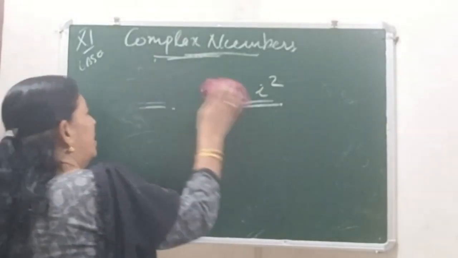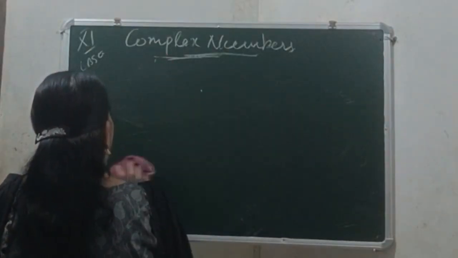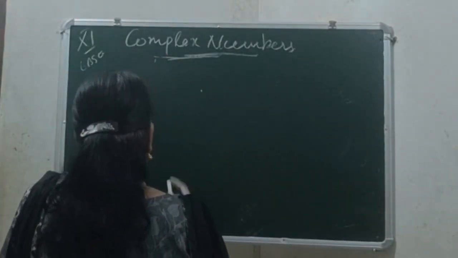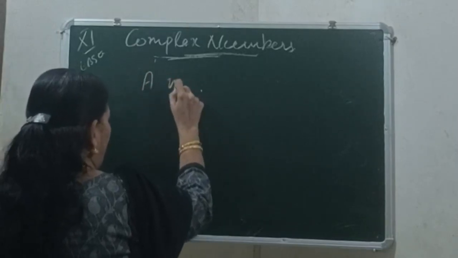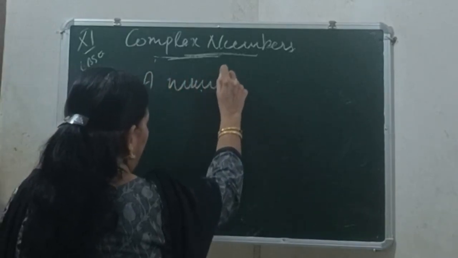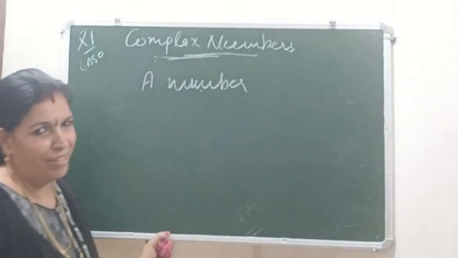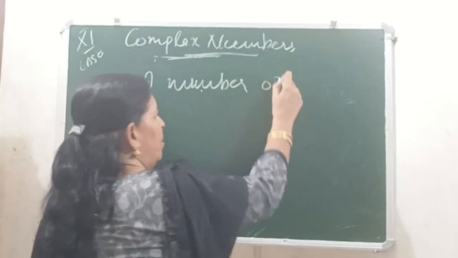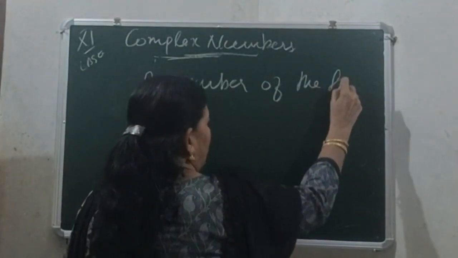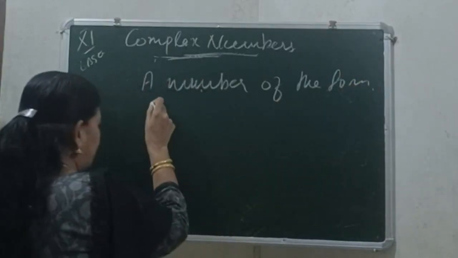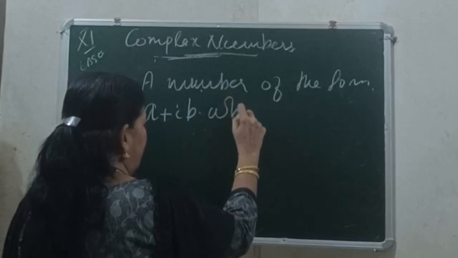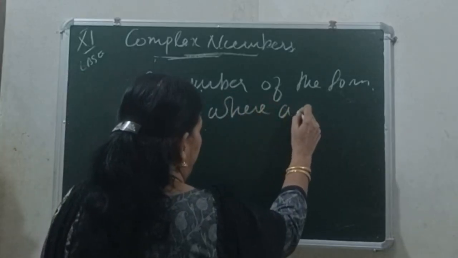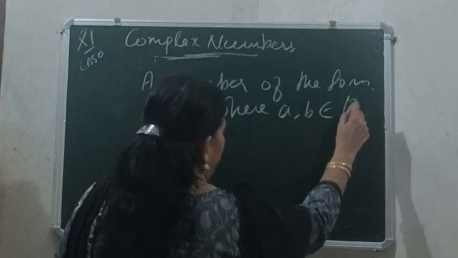Then we can study complex numbers. What do we mean by a complex number? A number of the form a plus ib, where a and b are real numbers.